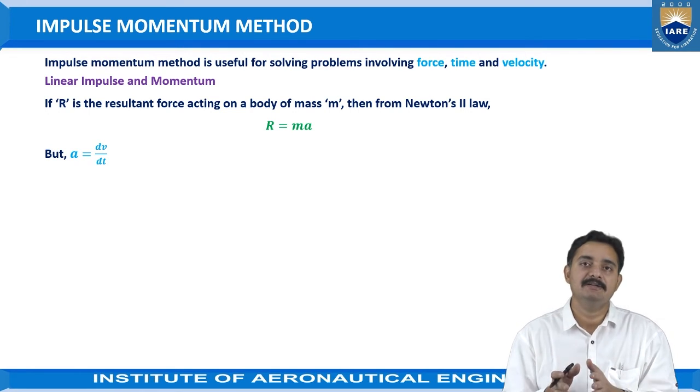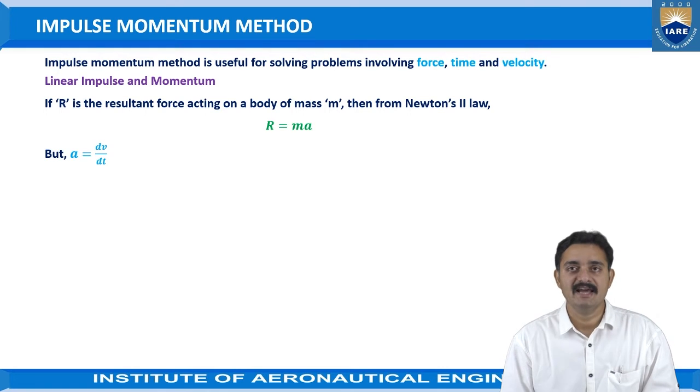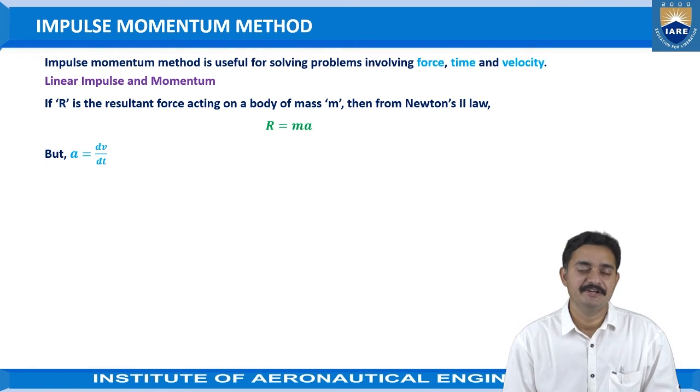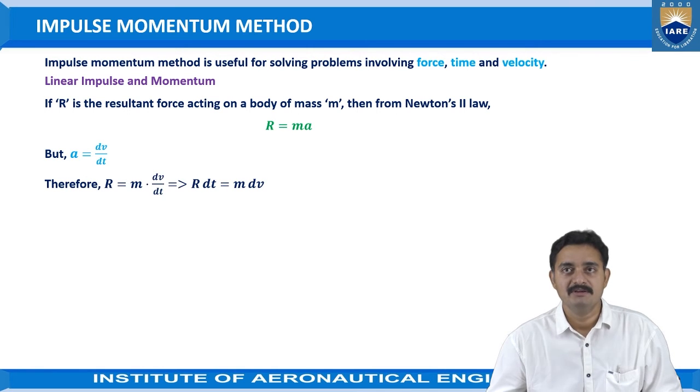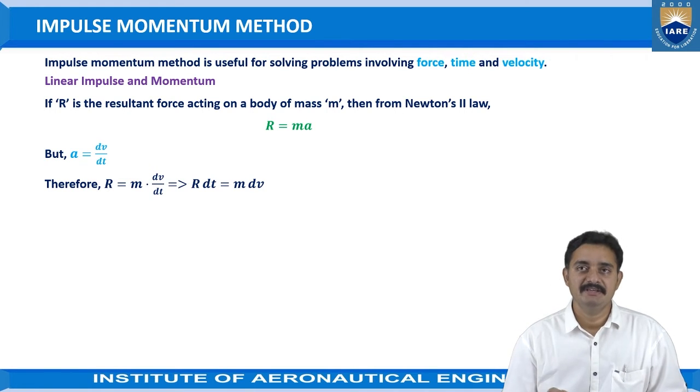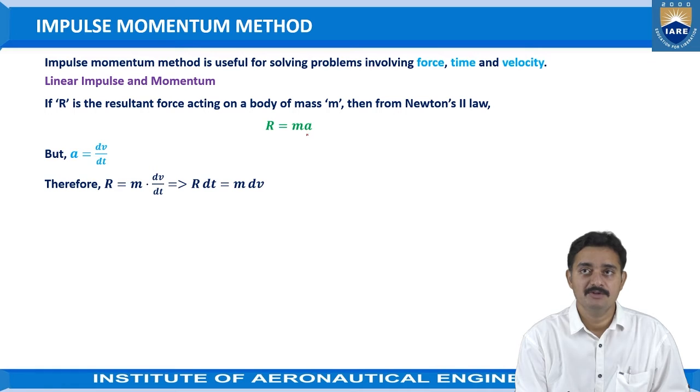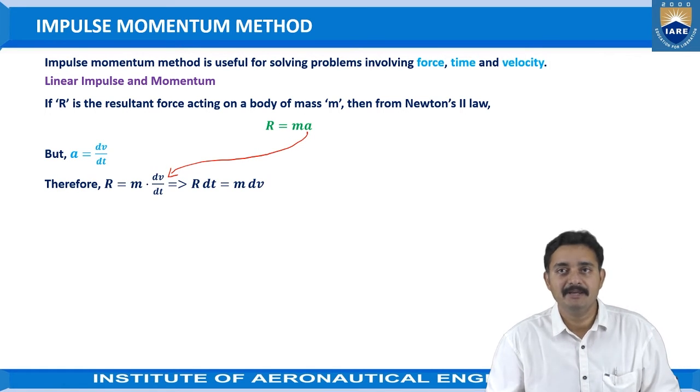That means we can directly write a as dv by dt, where dv is the change in velocity and dt is the change in time. So if in the equation R is equal to ma we replace the acceleration term a with dv by dt, then we obtain the equation R is equal to m dv by dt.